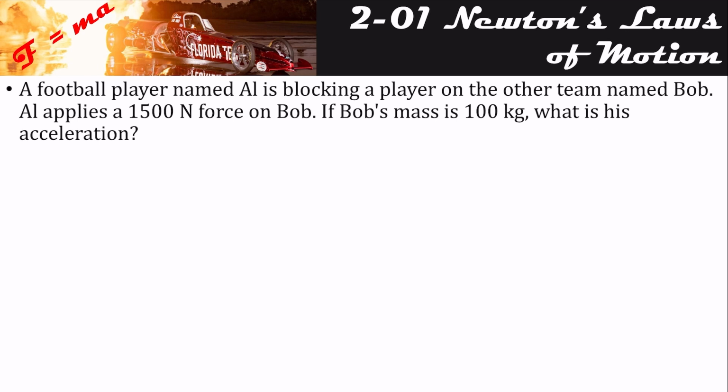A football player named Al is blocking a player on the other team named Bob. Al applies 1,500 newtons of force on Bob. If Bob's mass is 100 kilograms, what is his acceleration?